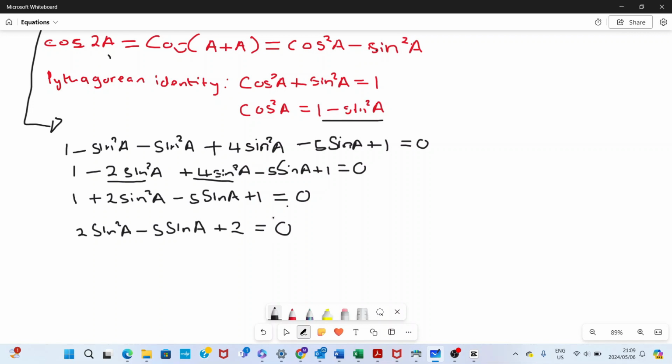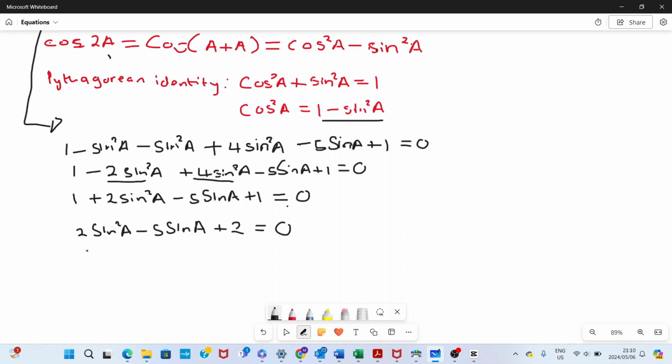When you get here, I know for some people it might not be as obvious, but if you look at this carefully, you will notice that this is actually a quadratic equation in terms of sine a.